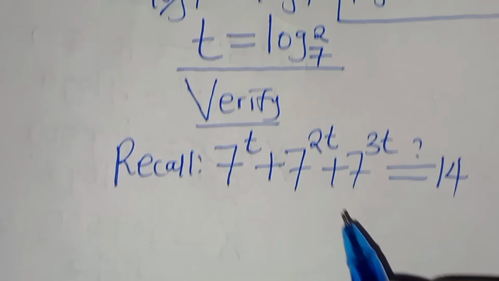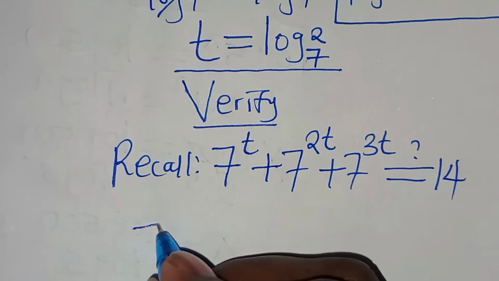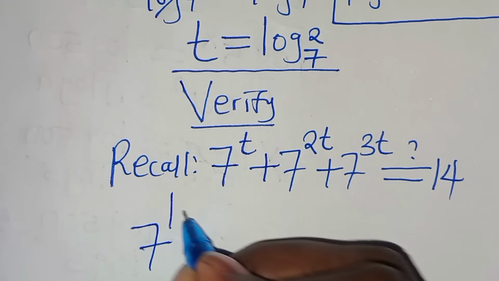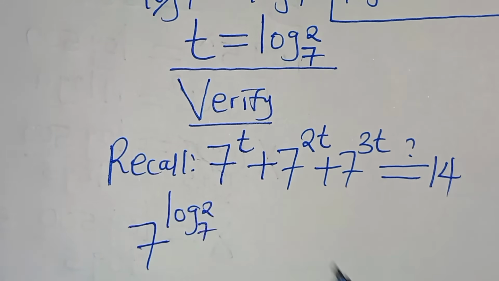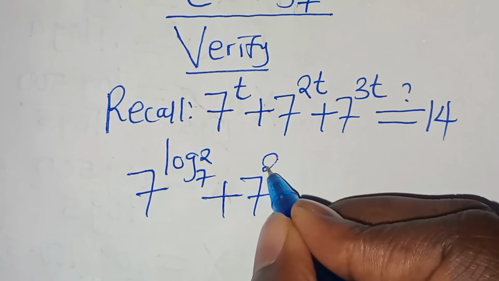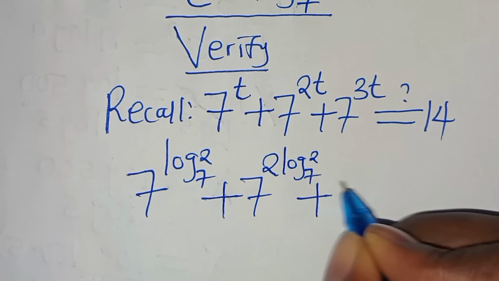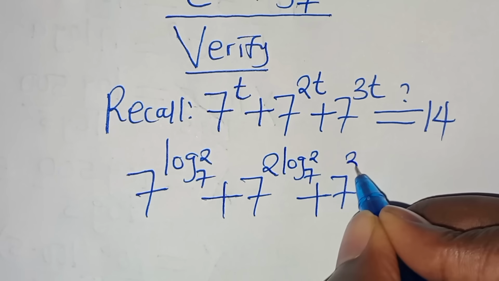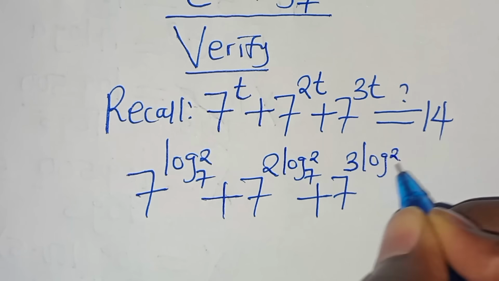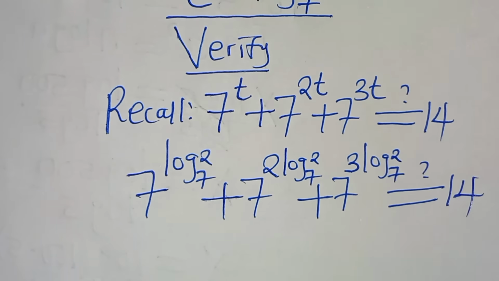Now let's substitute the value of t, which is log 2 to base 7. So we have 7 raised to the power of log 2 to base 7, then plus 7 raised to the power of 2 log 2 to base 7, then plus 7 raised to the power of 3 log 2 to base 7. This is supposed to give us a value of 14.